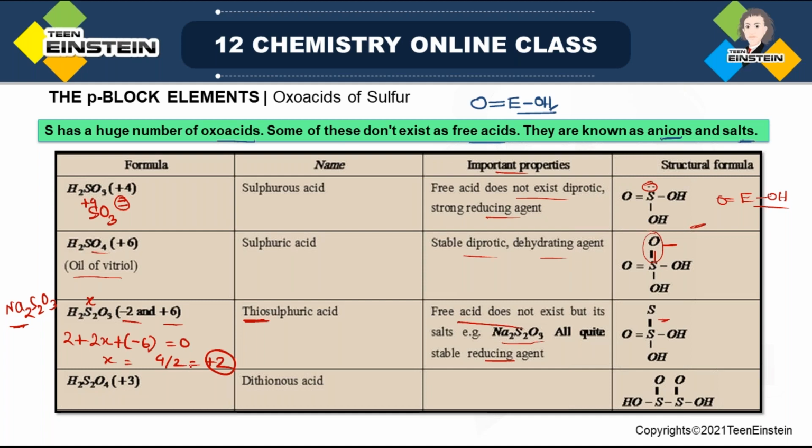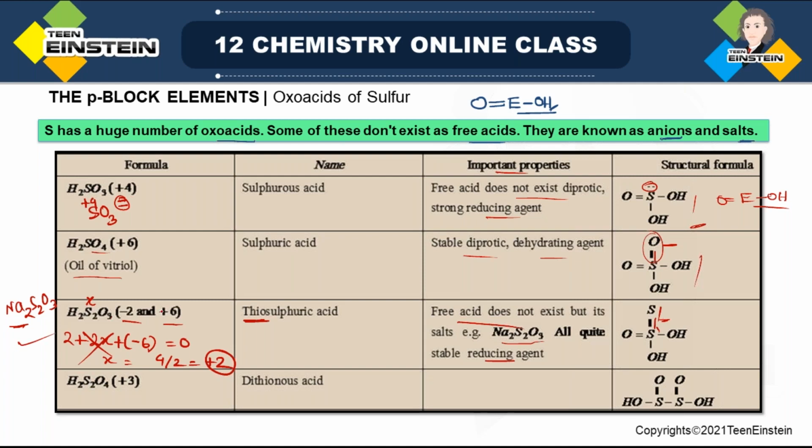But this calculation is not giving you the correct result. It is possible only when similar types of sulfur atoms are present. But if you look carefully, these two sulfur atoms, their environment is not the same. So that is why this calculation will not give you the correct result. You have to know the structure, then only you will be able to understand the oxidation state. In the first two cases, there is actually one type of sulfur, so by applying the method that we normally do, you can easily get the oxidation state.